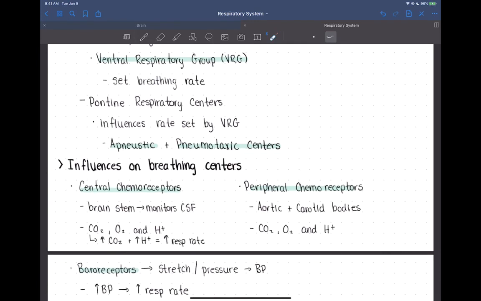The pontine respiratory centers, there's two of them, and as you can tell, we're not going to go into a ton of detail about them because it gets very complicated and it's actually still something that's being studied. So what I want you to know is that the pontine respiratory centers function to influence the rate set by the VRG. There are different ways they can do that.